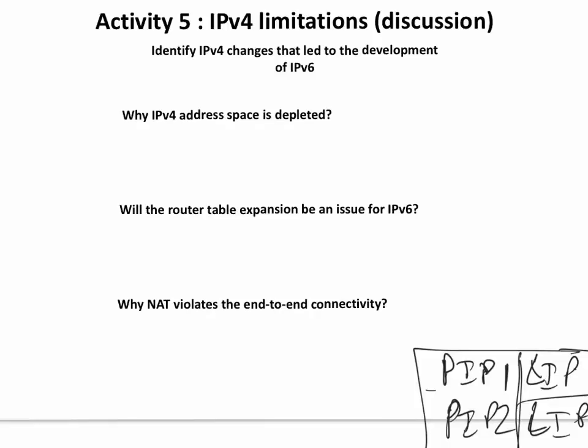So why is IP address version 4 depleted? Because adding the IP address, 2 to the power. Right. You can't add one. Because address allocation is coarse. It's not fine grained.